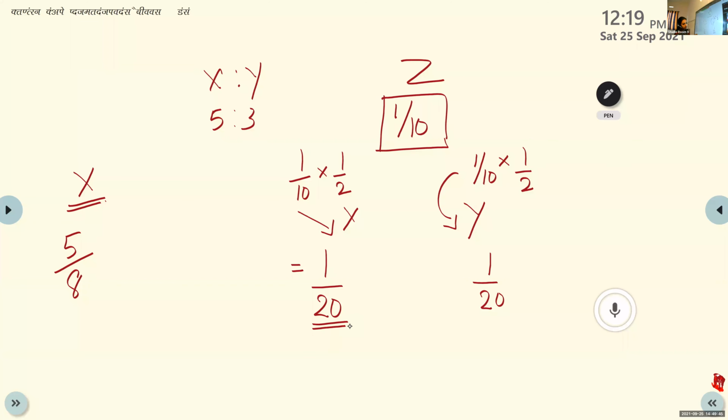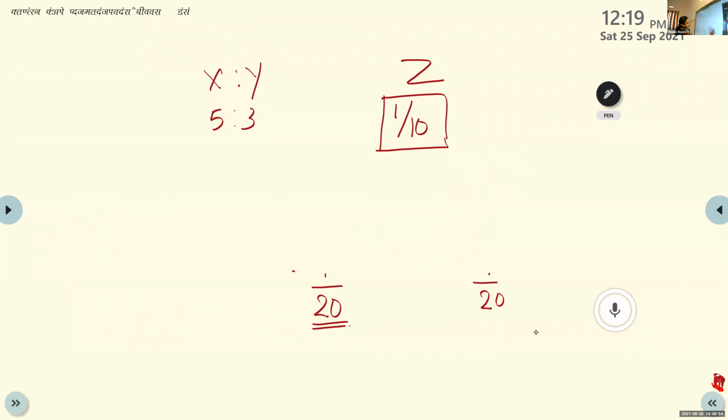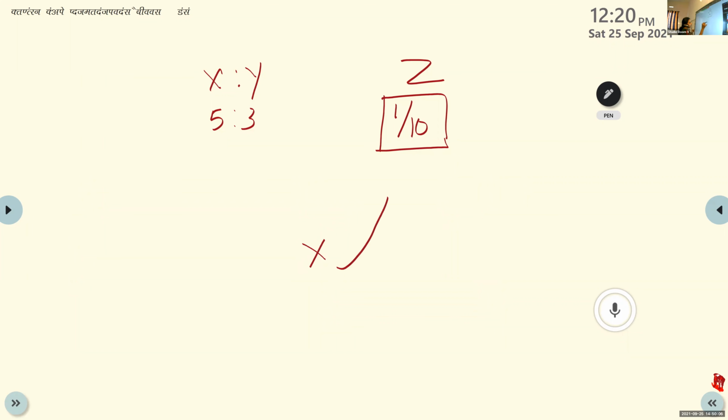No? Confusing? Wait, once again. See, listen. Z's share is 1/10. How did Z get this 1/10? X has given half, Y has given half.